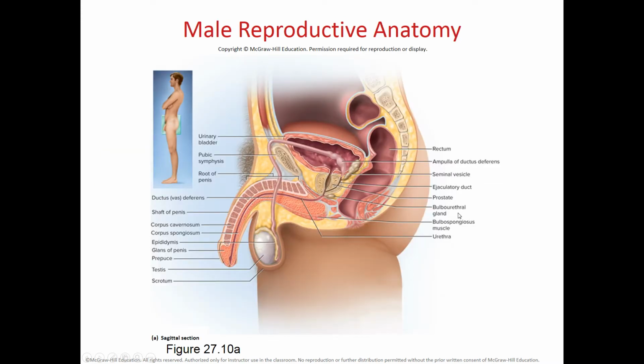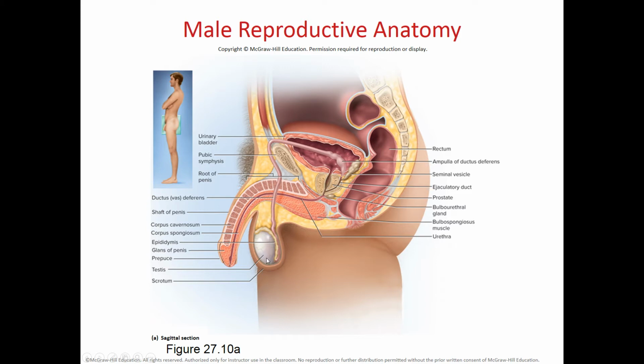Now this is a mid-sagittal view of the male reproductive system. The male reproductive system consists of these gonads, which are the testes, and then posterior and superior to the testes, this is the epididymis. While you produce sperm cells in the testes, these sperm cells are not mature.